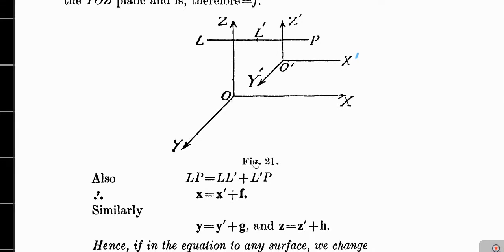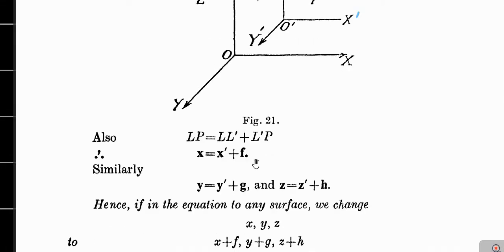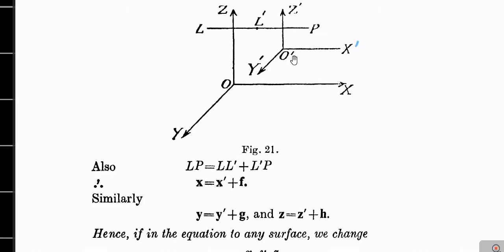And similarly, if we draw the perpendiculars from the point P on the XOY plane and on the XOZ plane, then we will get y equal to y dash plus g and z equal to z dash plus h. So therefore, if the origin is shifted from 0, 0, 0 to the point f, g, h, then the coordinates of point P will become x dash plus f, y dash plus g and z dash plus h with reference to the new frame of reference.